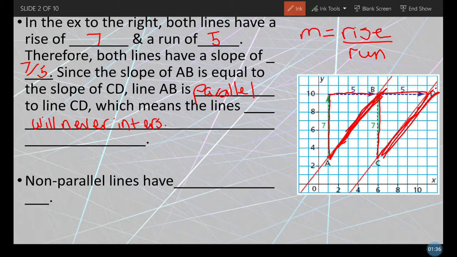On top of two lines being parallel, which means they don't intersect, kind of like train tracks, if two lines are parallel, they have the same slope. So non-parallel lines would just have different slopes.